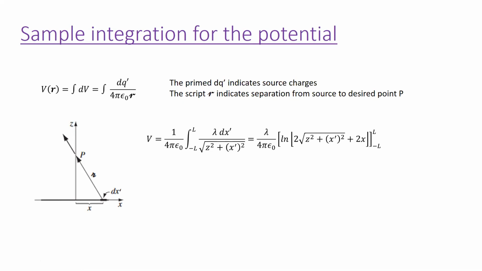We don't have to worry about vector components in this integral because the electric potential is a scalar. So we get V is equal to 1 over 4 pi epsilon naught times the integral from minus L to L, since that's the range of our charge, times dq prime, which will be the linear charge density times dx prime, the charge per unit length times the length, over the length of this separation vector, which is the square root of z squared plus x prime squared.